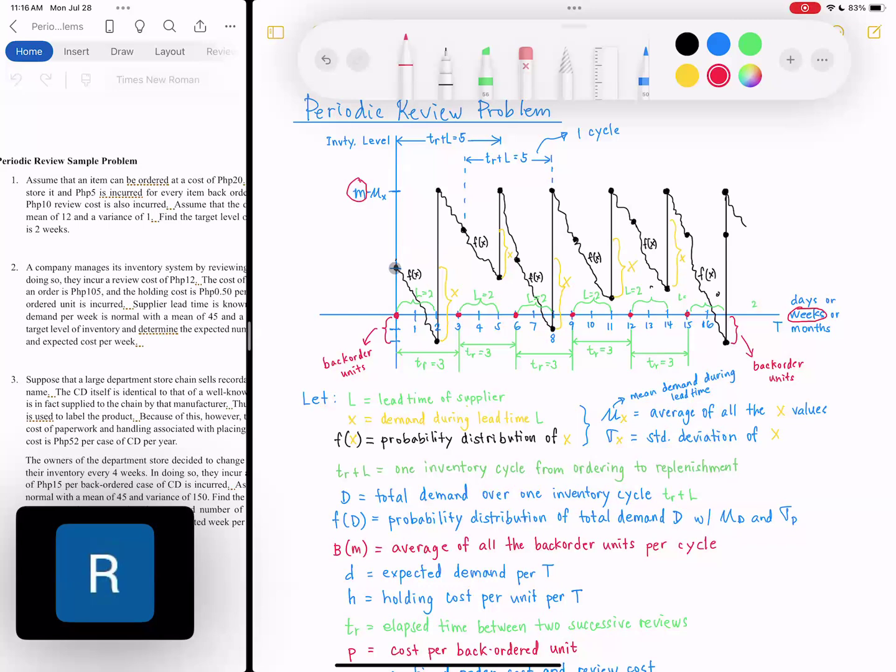But when you place an order for 60, there is demand for 2 weeks, right? So let's say this demand for 2 weeks is 10 units. So what happens is, since you have 40 here and you ordered 60 and demand during lead time was 10, then when you replenish the 60 here, what level will this be, class?